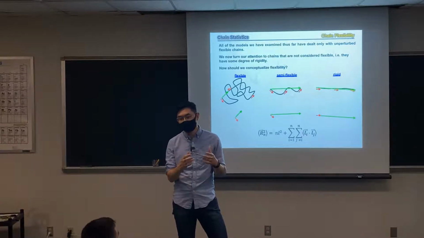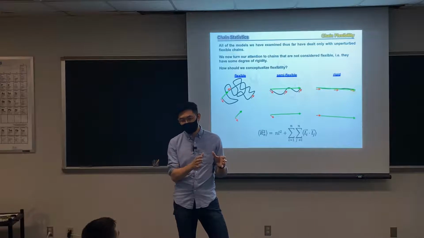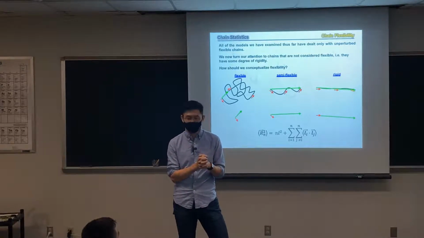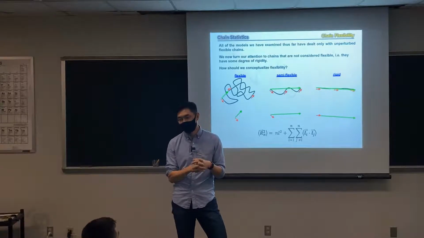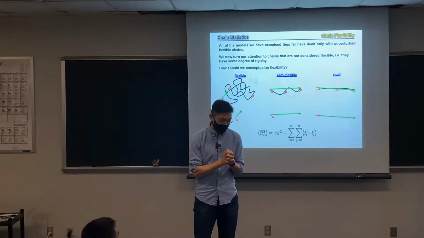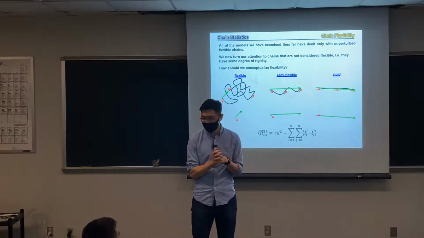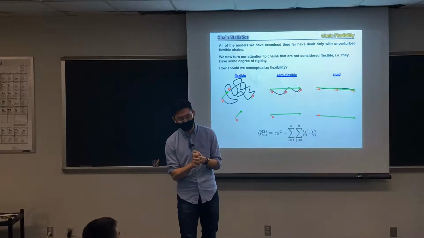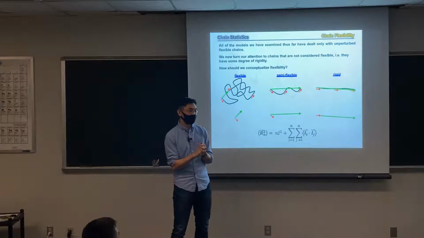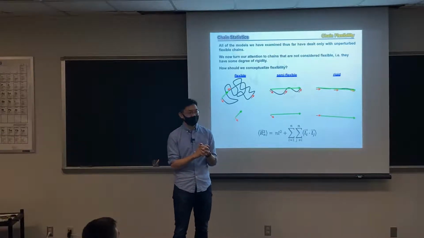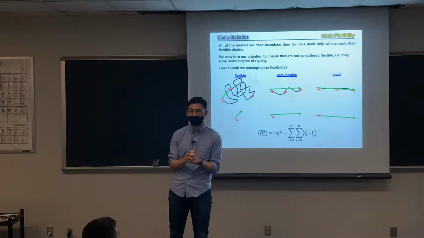But generally speaking, from the homework, you can understand how your molecular weight depends on the length scale, and how rigid your polymers are. Those are all intertwined. So today's lecture, we're going to go a little bit deeper into how we understand the persistence length, how we calculate it, and what considerations people had when they developed this persistence length concept.